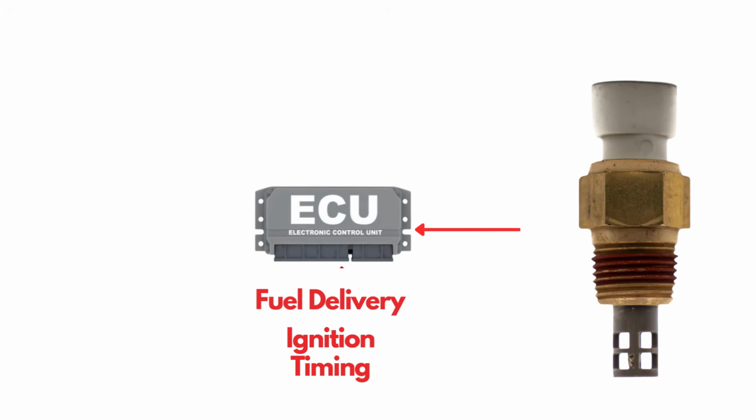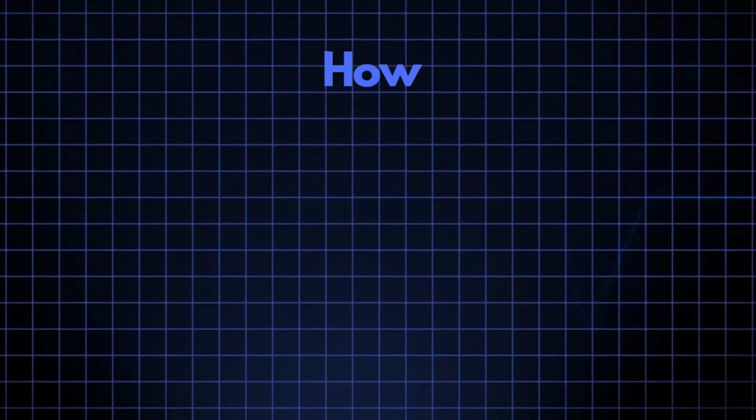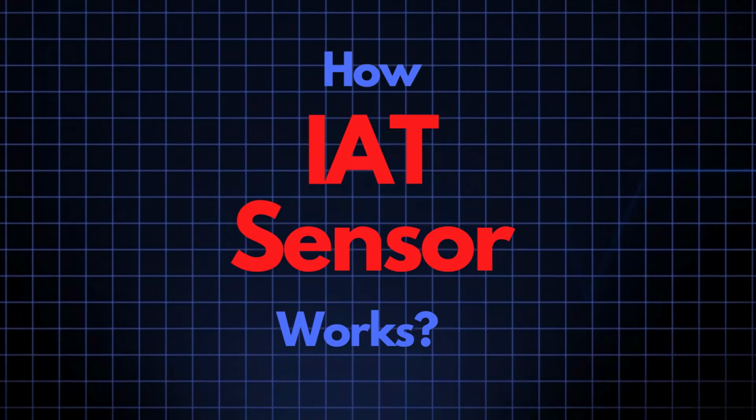When the ECU detects this abnormal IAT signal, it stores the P0113 trouble code and turns on the check engine light to alert you that there's a problem in the IAT sensor circuit.